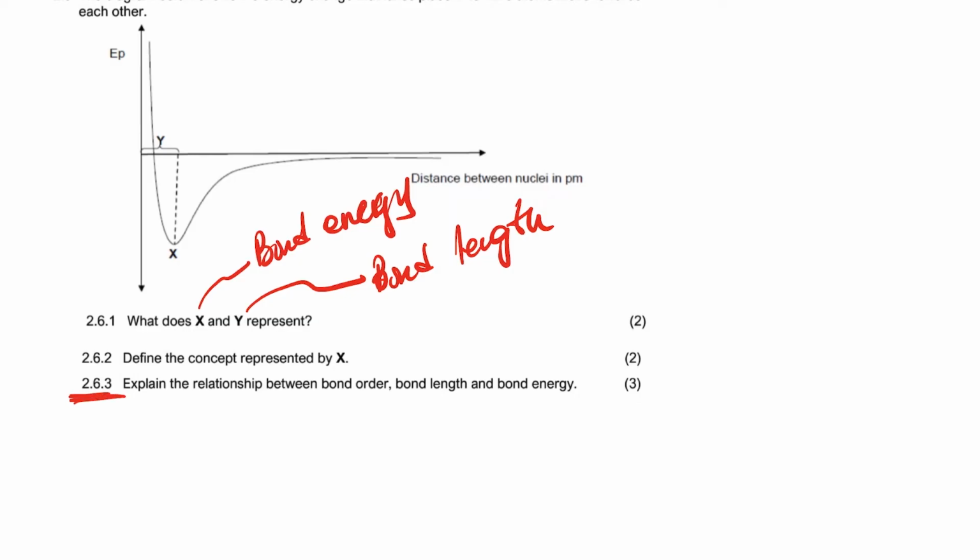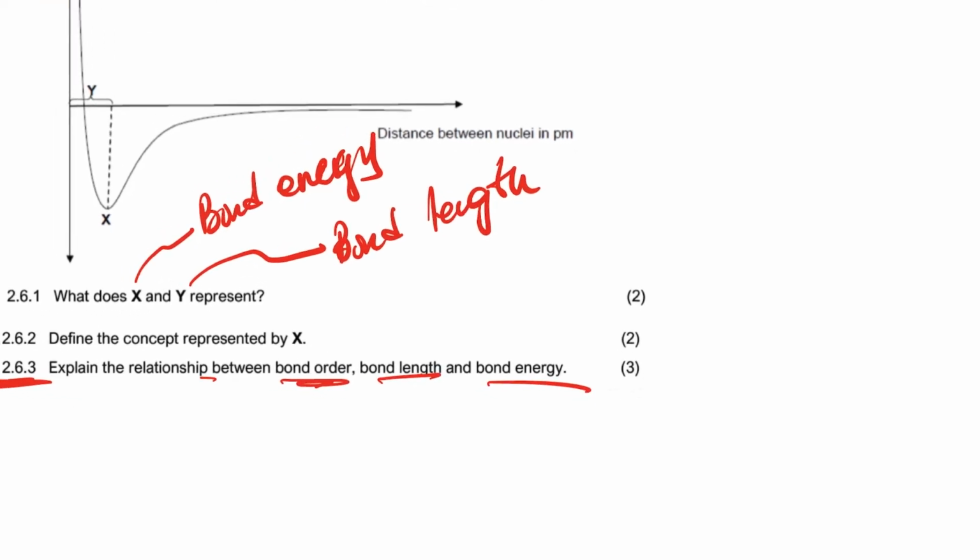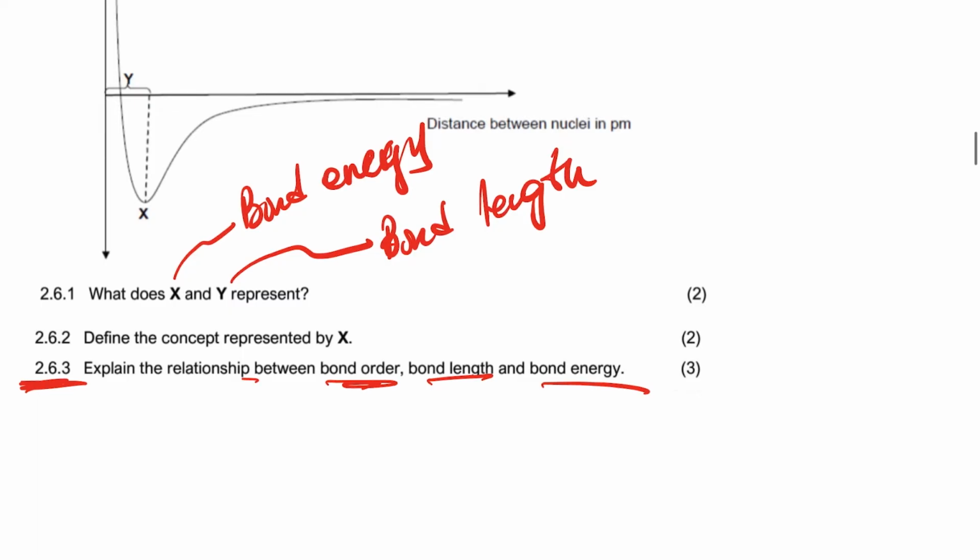Question 2.6.3: explain the relationship between the bond order, bond length, and bond energy. So guys, you're going to start with the bond order. If they want a relationship and they tell you bond order first, you go with this order.